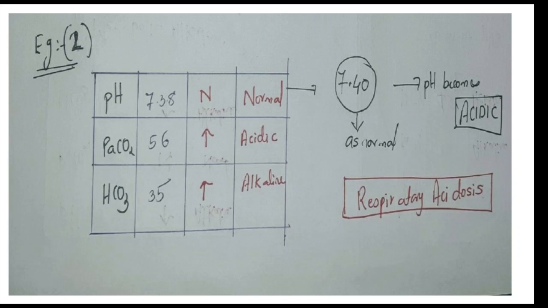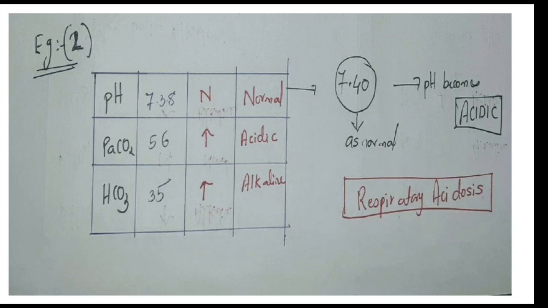Now pH is also acidic. If the reading was more than 7.40, it would have been alkaline and it would have matched with HCO3. But here pH level is less than 7.40, so it's getting matched with PCO2. So it is an acidosis stage. And which acidosis? It is respiratory acidosis.